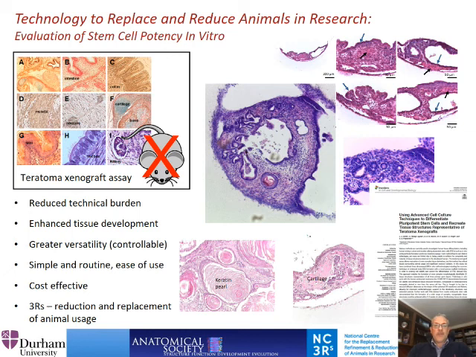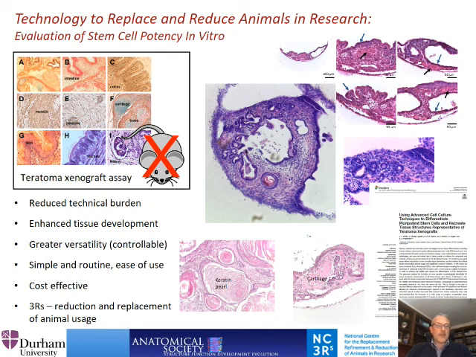So to finish, and to bring ourselves full circle, I want to introduce another technology, just very quickly on this single slide, about how we've now used the technology to replace and reduce the use of animals in research. So I started off talking about the teratoma xenograft assay and how we can produce these differentiated human tissues in an animal.